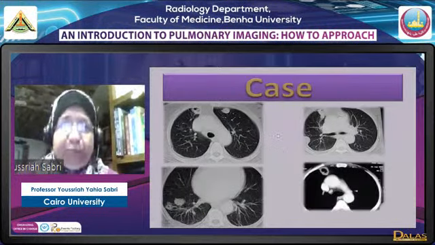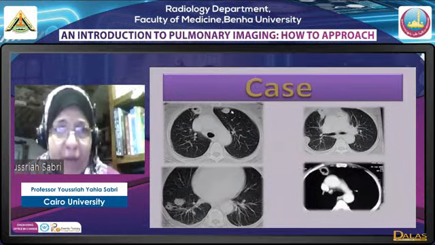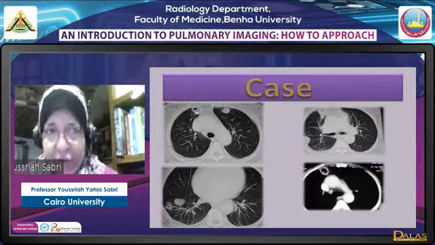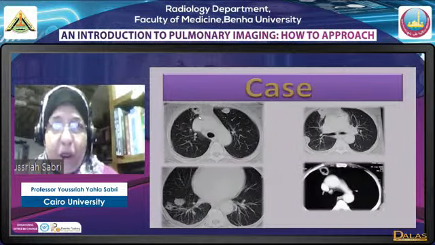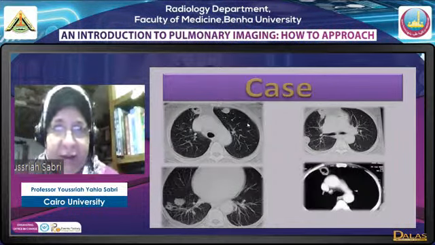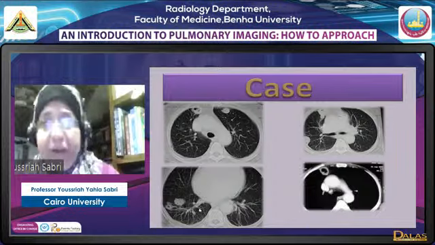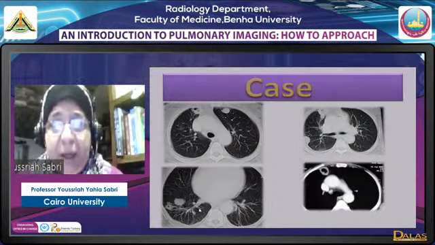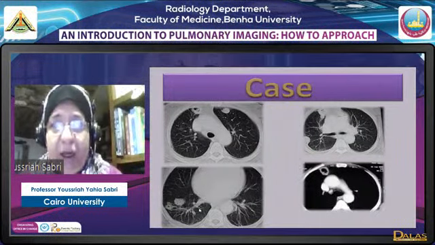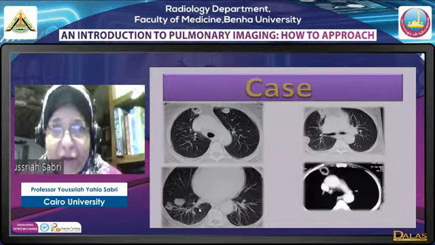Now here, we have another thing. We have well-defined lesions, but some of them show cavitation, another change in morphology. When we have well-defined lesions, again, we have to consider the possibility of metastasis. Adding to it the cavitation of some lesions, we will have a differential diagnosis, considering the possibility of inflammatory or infectious lesions.